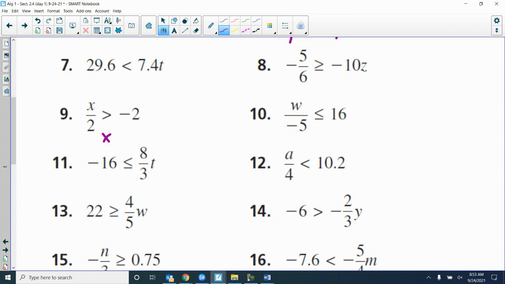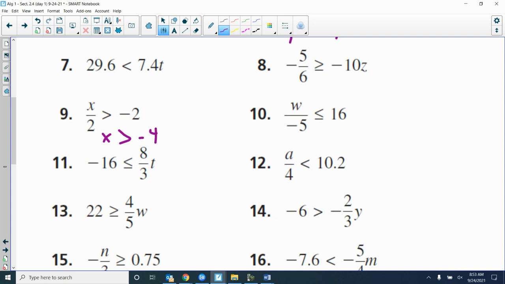So are we going to flip it? Leave it. Okay, so X is what? Say the sign. We didn't flip it. The big N is greater than, right? So X is greater than negative 4.